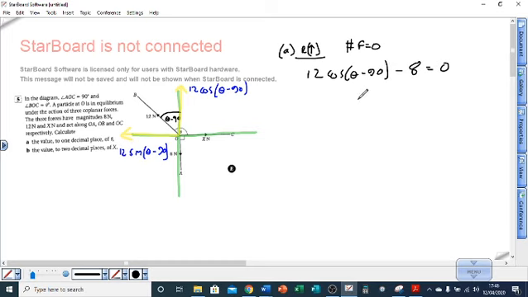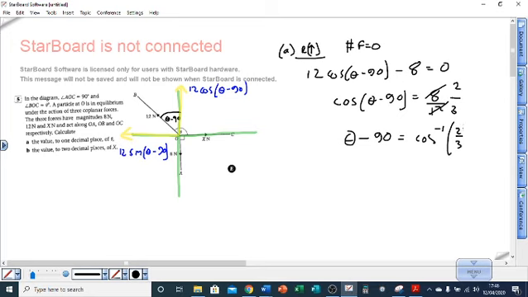Now all I've got to do is undo this, so cos of theta minus 90 is equal to 8 divided by 12. Cancel this down: 4 into 8 is 2, and 4 into 12 is 3. So theta minus 90 is equal to cos to the minus 1 of 2/3.